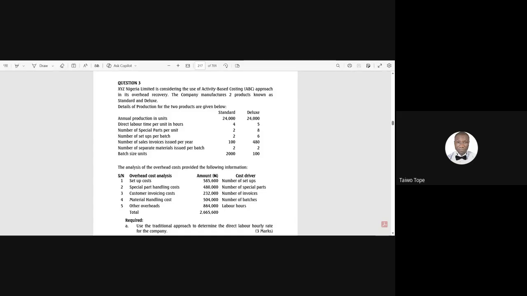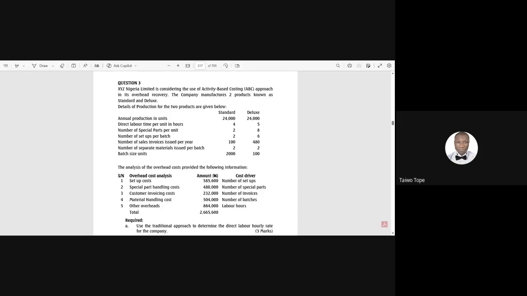These are very important. We solved a question using the traditional approach and also using the ABC approach. So without much delay, we are going to see how we can solve this question.